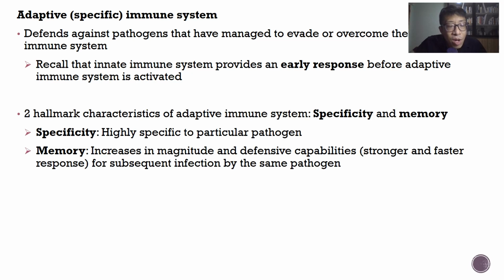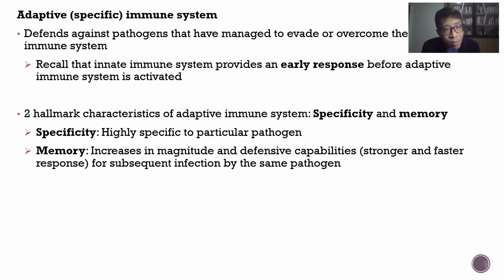All right, so the key characteristics of the adaptive immune system that set it apart from the innate immune system, besides being activated later, is also that it is highly specific, because the cells of the adaptive immune system have receptors that are highly specific. This is different from the innate immune system, where immune cells have receptors that broadly recognize common antigens found on most pathogens.